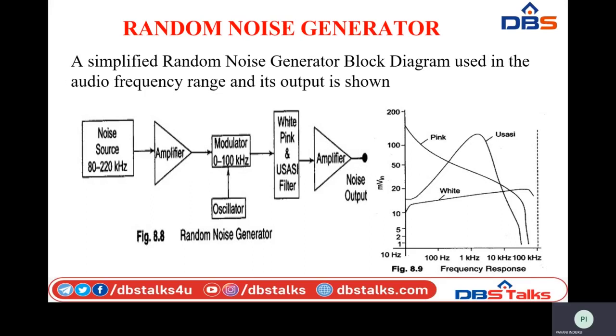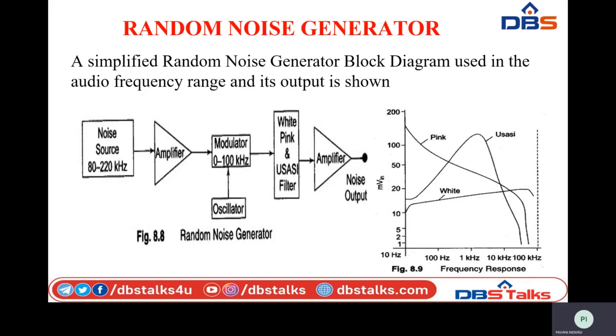Mostly these noises are used to study the noise figure and frequency response of electronic circuits. Whenever noise enters the circuit, how is it going to affect the performance of the electronic circuit? We will discuss that with the help of a noise signal. That is why it is necessary to generate noises.